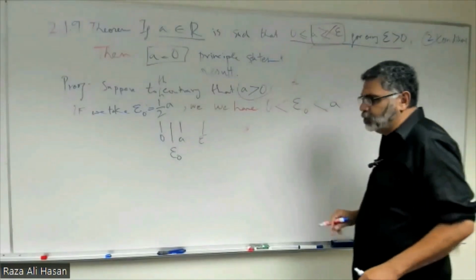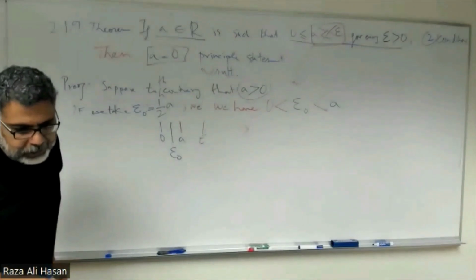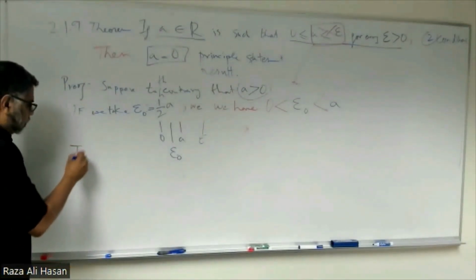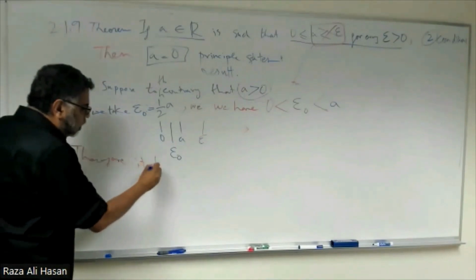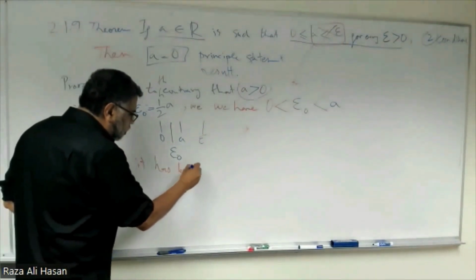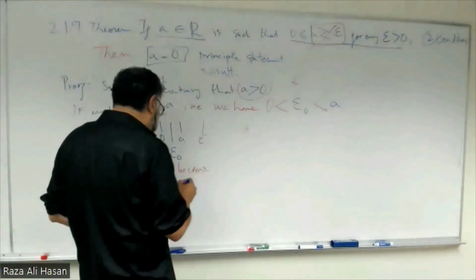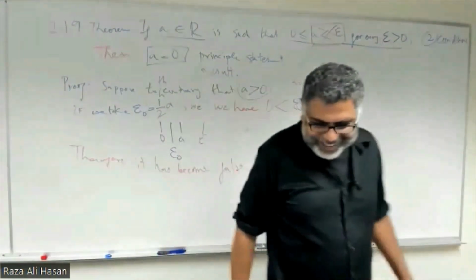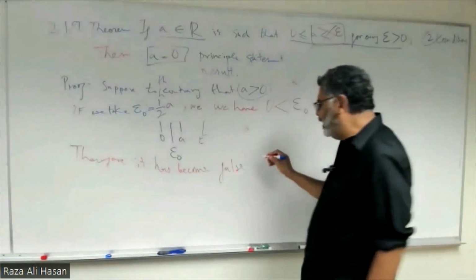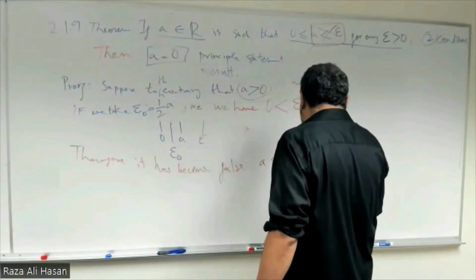Okay, so therefore, contradiction. Therefore it has become false, because it is false that A is less than epsilon anymore.